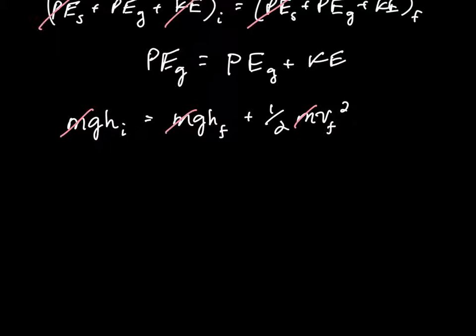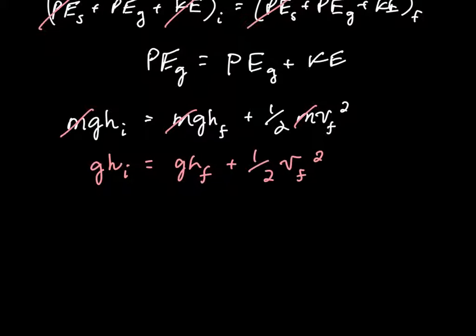Because if we factor out the masses from this side and we divide by that mass, all these masses then just cancel out. So simplifying this equation down, this is going to look like gh initial is equal to gh final plus 1/2 v final squared.